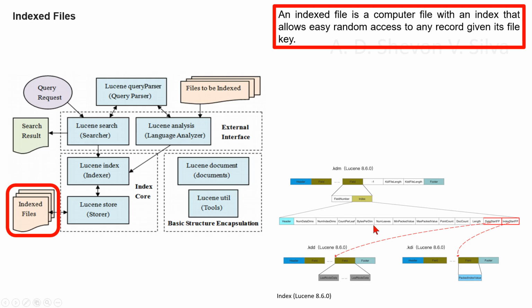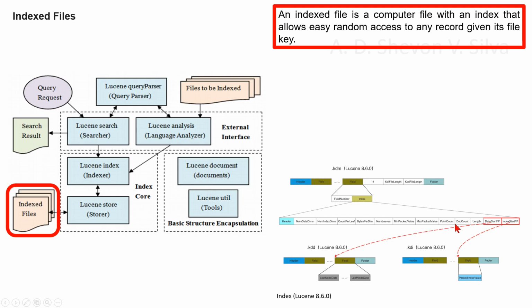Bytes per dim describes the number of bytes per dimension. Num leaves describes the number of leaf nodes. Min packed value describes the minimum value for each dimension, and max packed value describes the maximum value for each dimension.